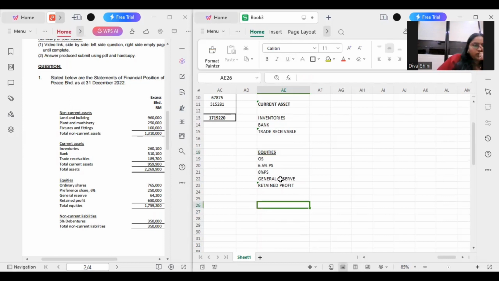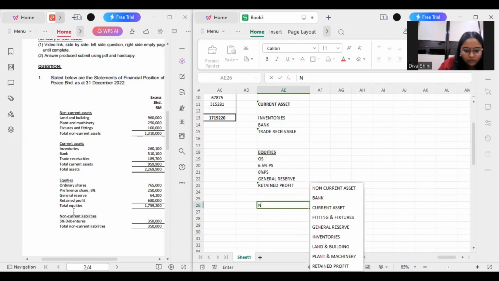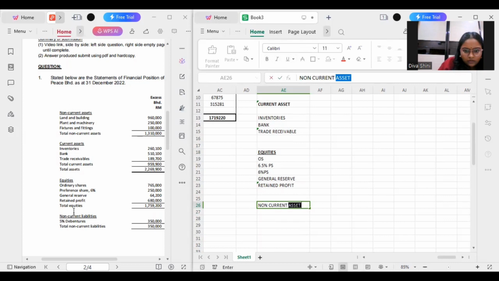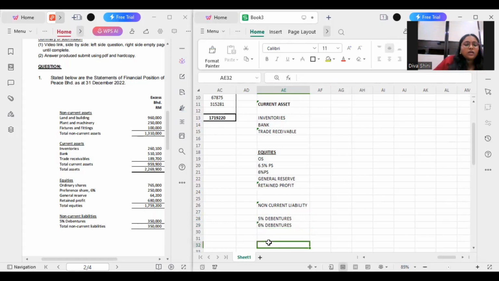Okay, after the equities, there will be non-current liability, which is the question required for 5% debentures and additional required for 6% debentures. Third, the last one is current liability.